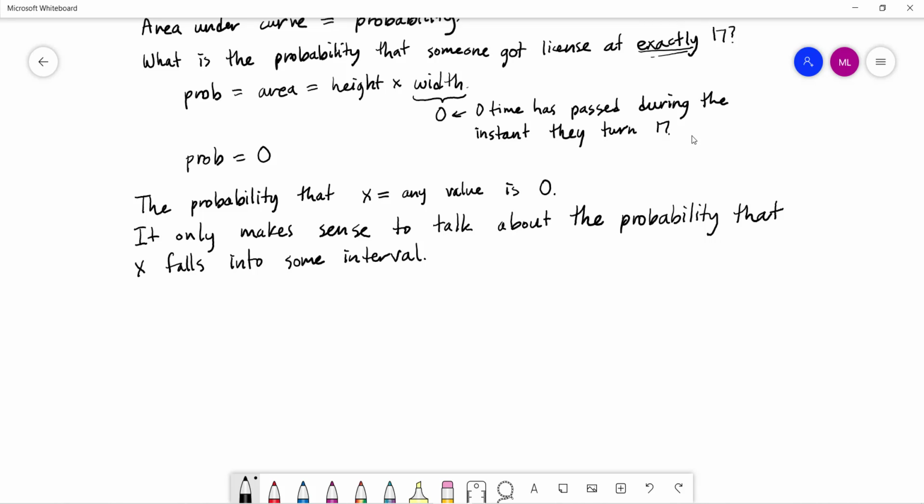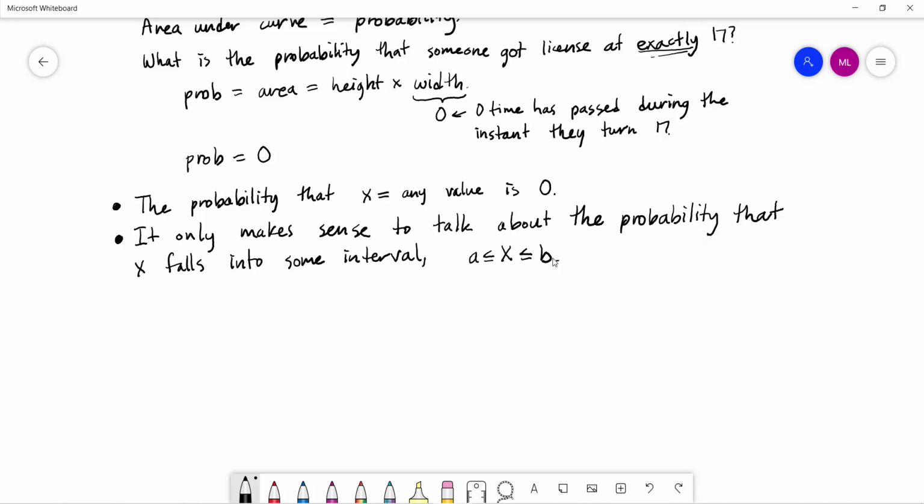So single instants don't make sense. Let's write these as bullet points so you see them in your notes. The probability that x is equal to a value is always going to be 0. It only makes sense to talk about the probability that x falls between some values. So for example, we could say a less than or equal to x less than or equal to b. That makes sense. So x equals a doesn't make sense, but x falling between a and b, that does make sense.